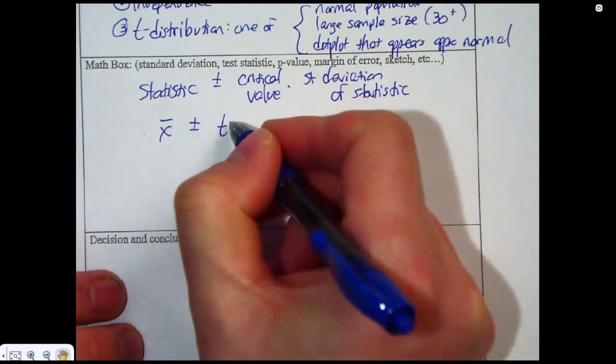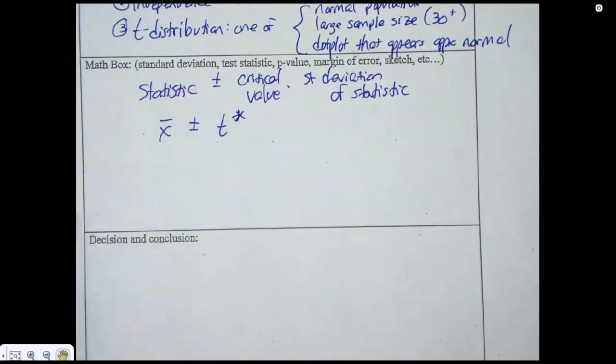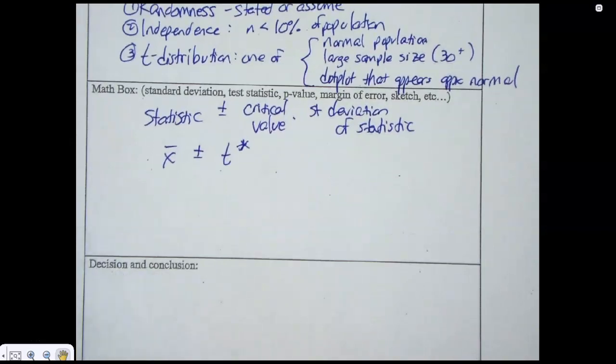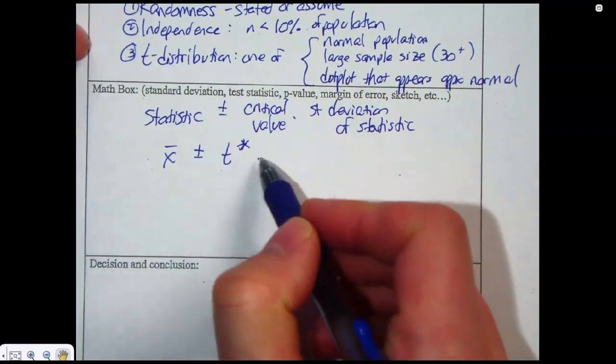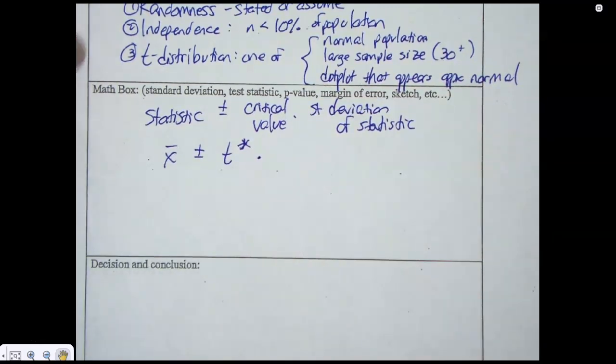Okay. The critical value is actually t star. When you're dealing with means, we're going to use what's called a t-distribution. We will get into what a t-distribution is and why we use it, I just don't want to do it yet. And then the standard deviation of the statistic. We've done this before, and it's on your formula sheet if you forget it.